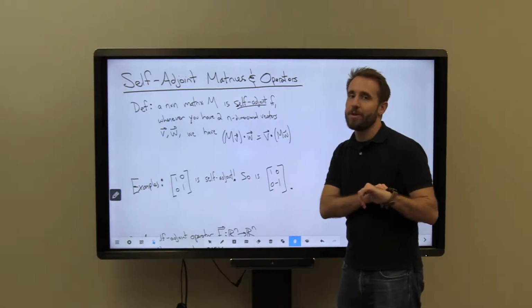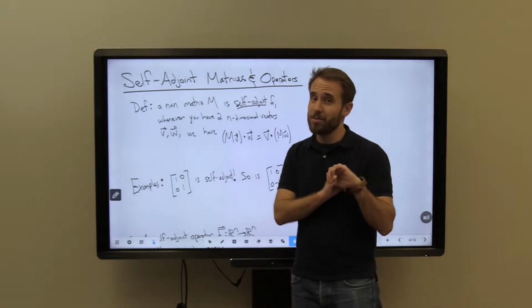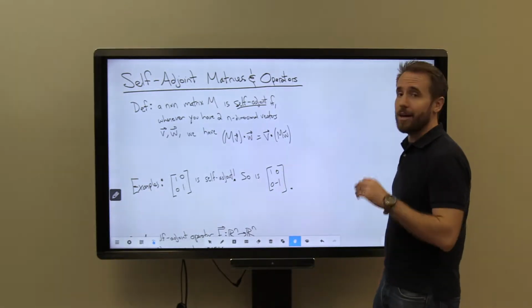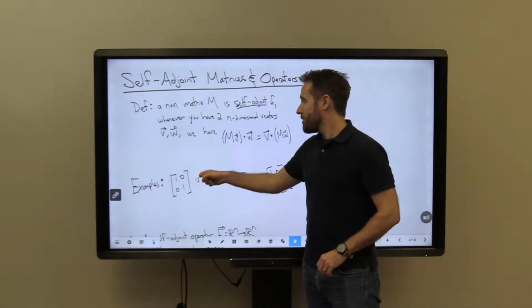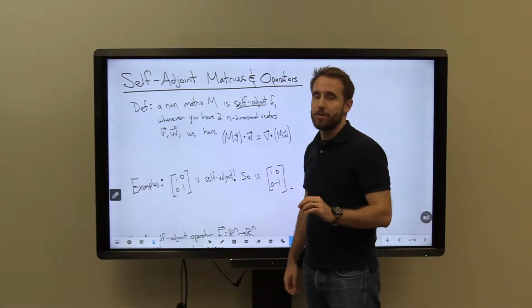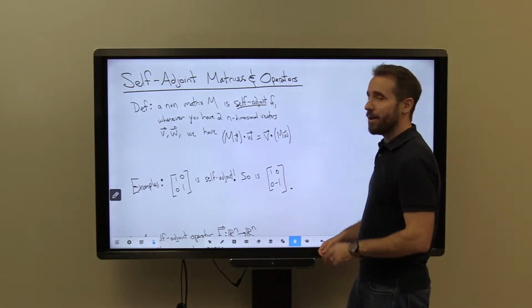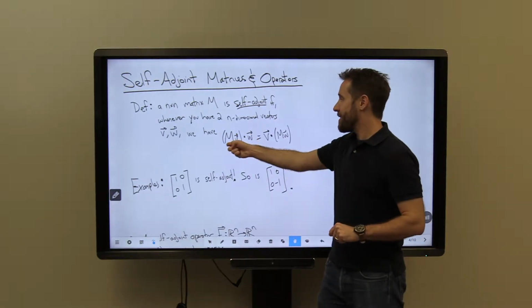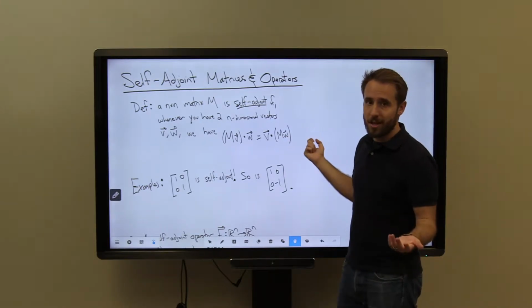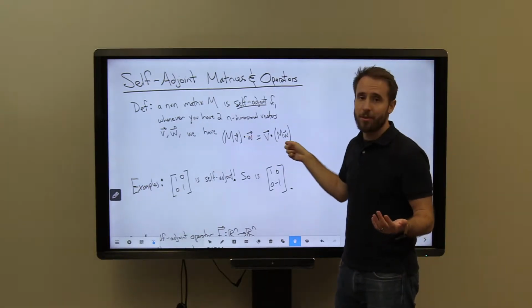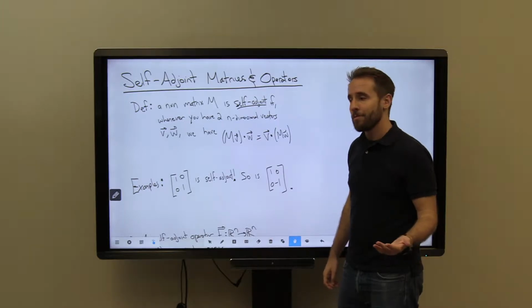Just in case you're wondering whether or not such matrices actually exist, I'll give you two examples right off the bat. The identity matrix 1, 0, 0, 1 is self-adjoint, and we can see that pretty quickly because the identity matrix times v is just v, the identity matrix times w is just w, and so both sides of this equation are just v dot w.